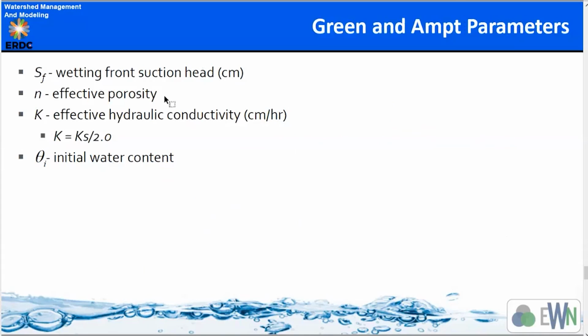Effective porosity is the total porosity minus the porosity that you can't get out without cooking it, the residual porosity. The effective hydraulic conductivity is equal to Ksat over 2. And that's important. Everybody gets this. Everybody, even experienced modelers, forget and put saturated hydraulic conductivity in there. And then an initial water content.